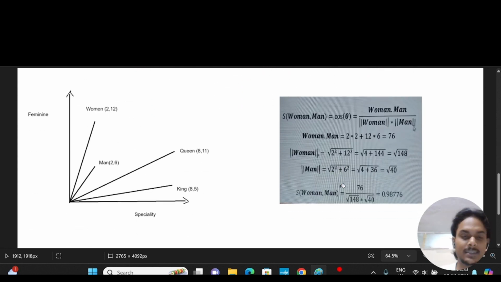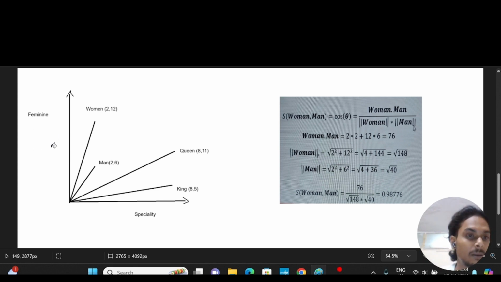Again, there is another beautiful example using which I'll try to give a brief about what cosine similarity is all about. Take this particular graph. On the x-axis, as you can see, there is speciality, and on the y-axis there is feminine. There are four words: woman, man, queen, and king.